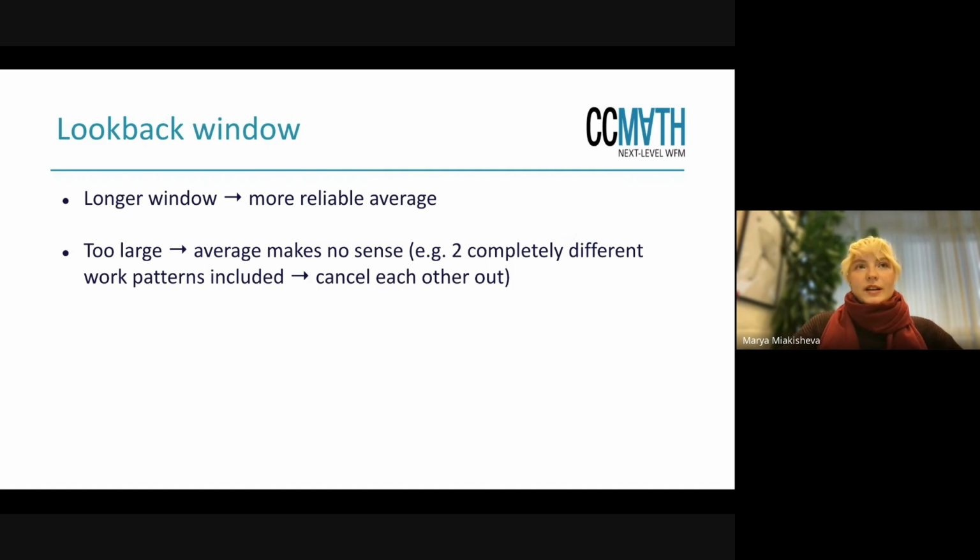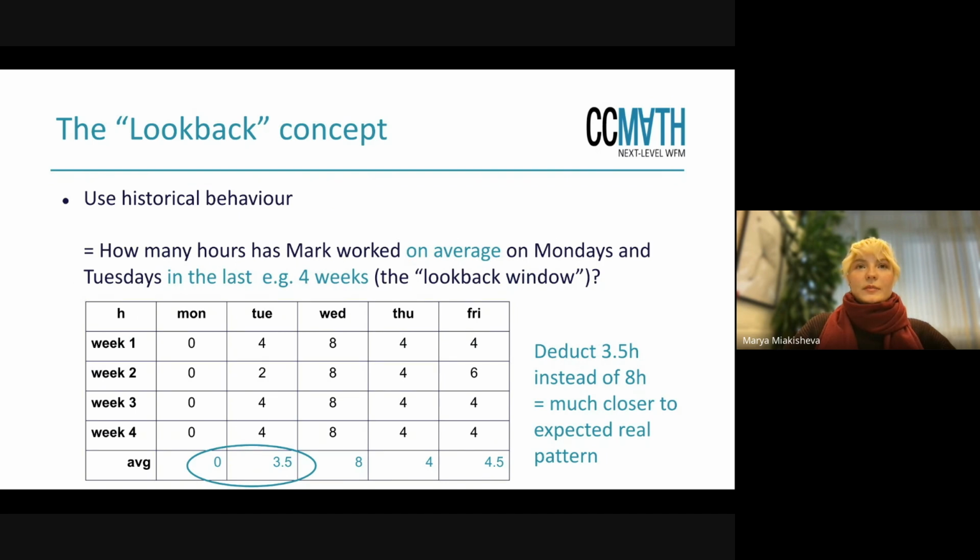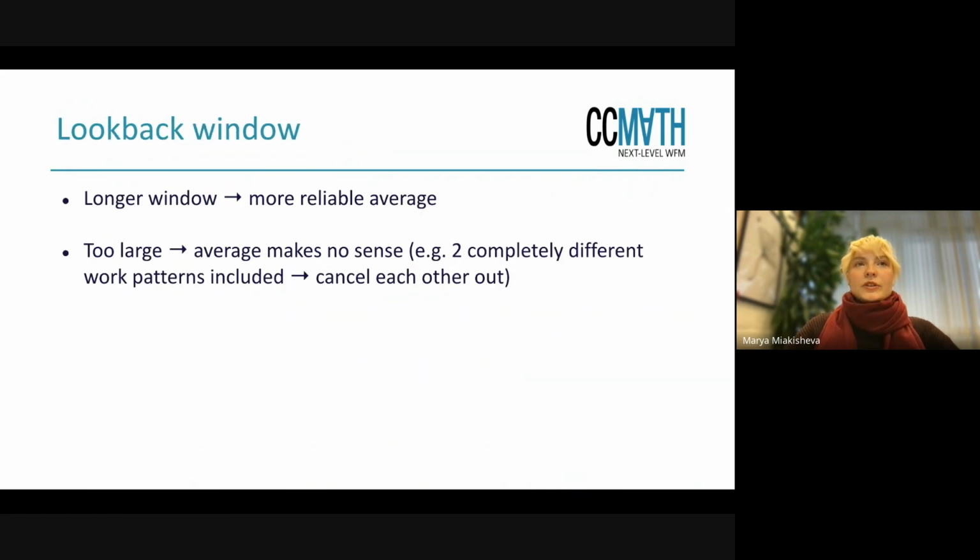And also, in this case, we talked about the look back window, or more in the past slides. Here we can see in the last 4 weeks, the look back window. What do we mean here? This is, how many weeks back do we look to get this average? And it's important to tune it correctly, because if you take a longer window, then the average becomes more reliable, because any variability is smoothed out and you get more accurate numbers.